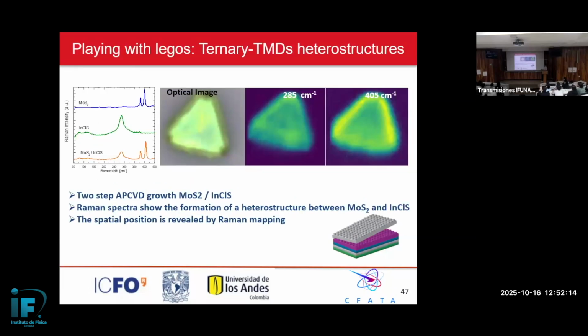The problem is this one, right? Because what we do first is to grow MoS2. We grow them, and then we take it back from the system, and we put it in the system of the ternary machines. So at this stage, it's not fully compatible, but it's just a proof of concept that we also have this versatility to form other structures that may not be useful for the industry, but good for papers and so on.